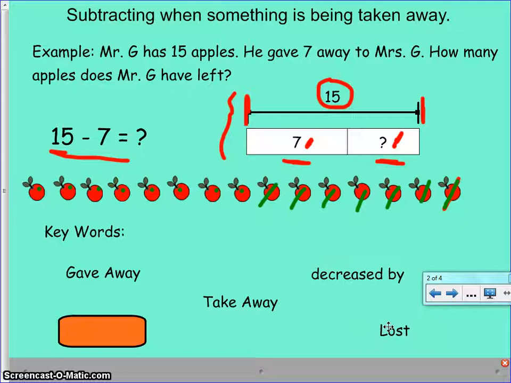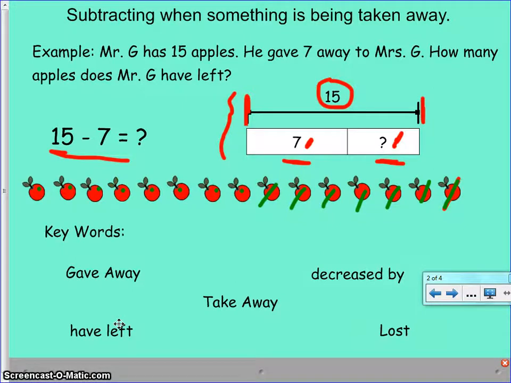So if I had a total amount of something and then I lost some of it, then I'm subtracting. And have left, okay? Because if I give something away, then I might be asking the question, well, how many is left, okay? So those are some key words, and these are up on our board in our room, that big giant board by the carpet, to help remind you when you're reading these word problems of when to subtract.